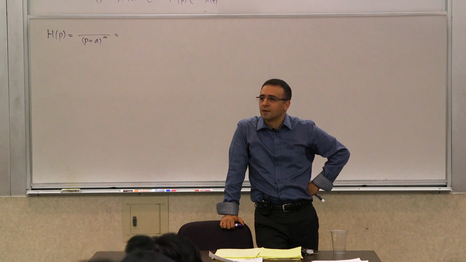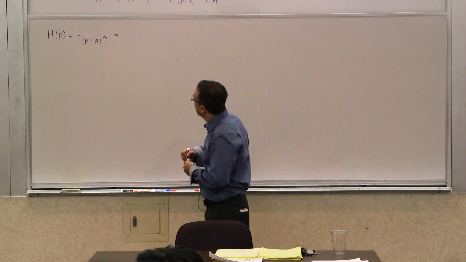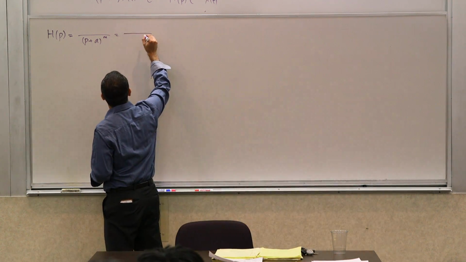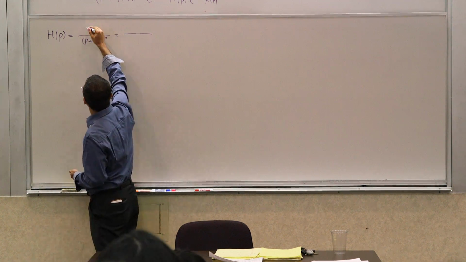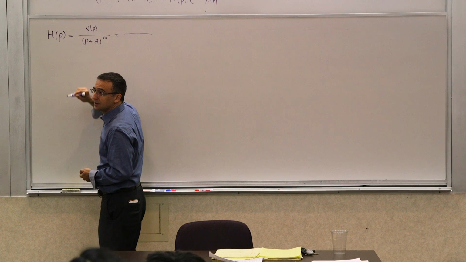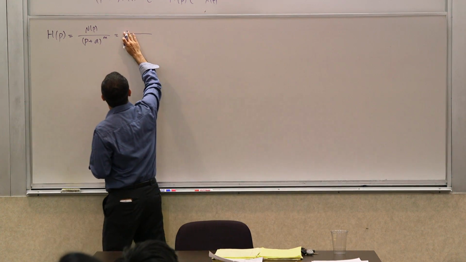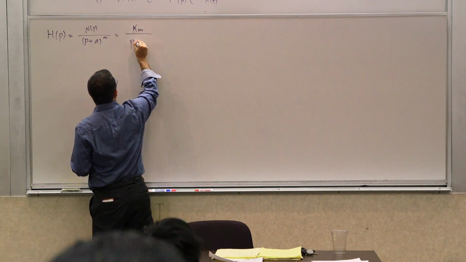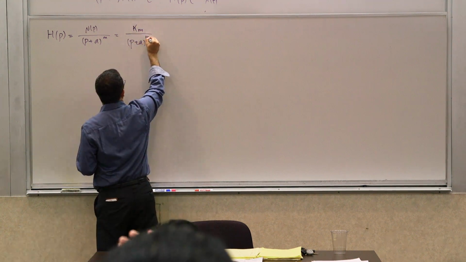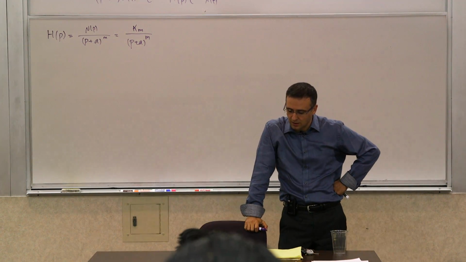Yes? K m over P plus A to the m. Is that sufficient? If I want to write it as a partial fraction expansion, and there's some n of P in the numerator, would it be sufficient to have just K m over P plus A to the m? Can you express it this way? No, obviously not, right?